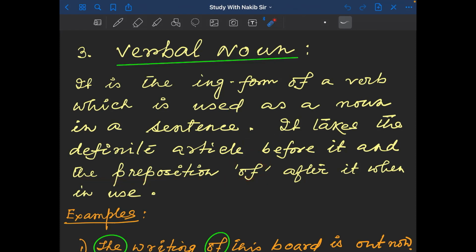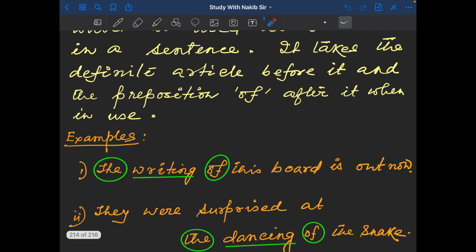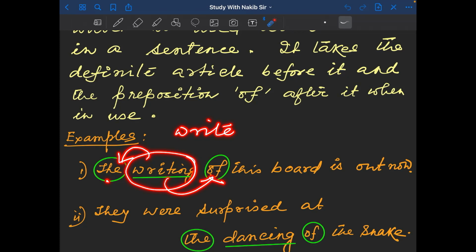Now you can understand. See the example. The writing of this board is out now. Here, writing is the ing form of the verb, and it came from the verb write. This one is preceded by the definite article "the" and followed by the preposition "of". That means one "the" is there before it and one preposition "of" is there after it.